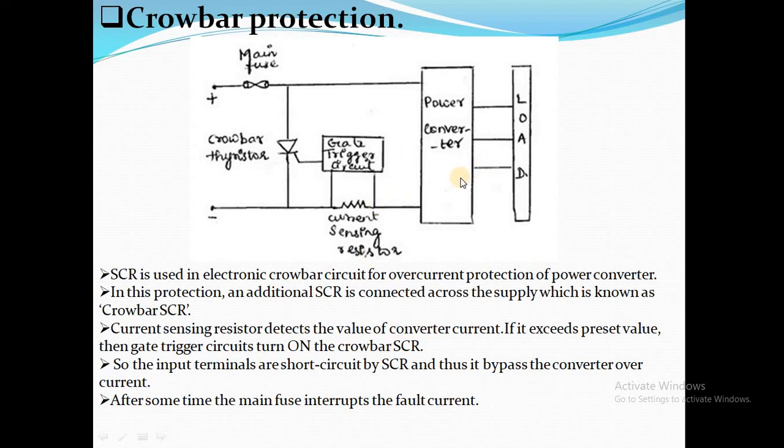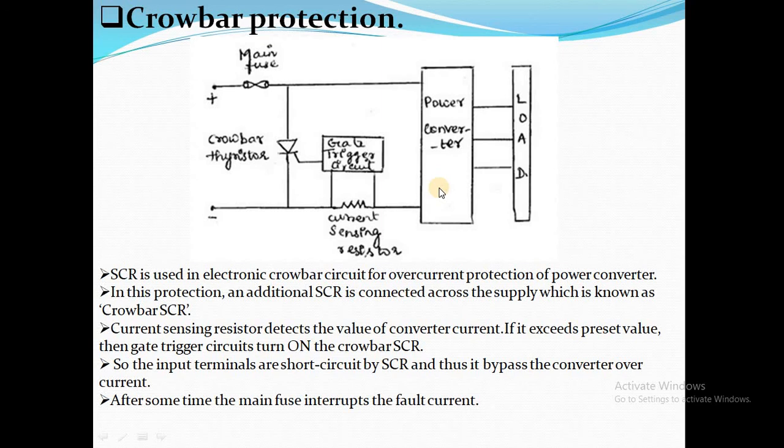So normally the converter is operating within the specified limit. If the converter current reaches beyond the rating, then that current is sensed by this current sensing resistor, because whenever this resistor is used, it is set with some preset value. Suppose it is set at 5 ampere, and the converter current reaches 7 ampere, then that is more than the preset value.